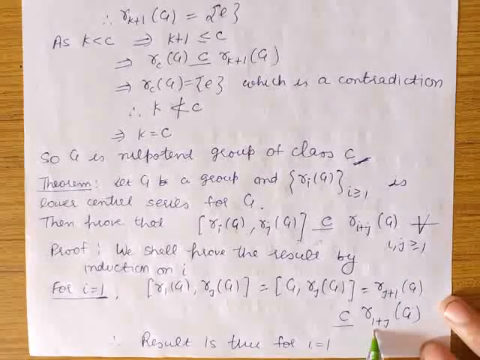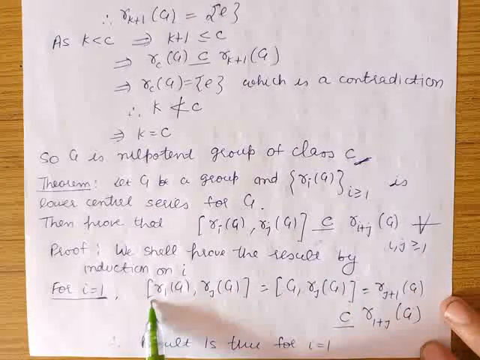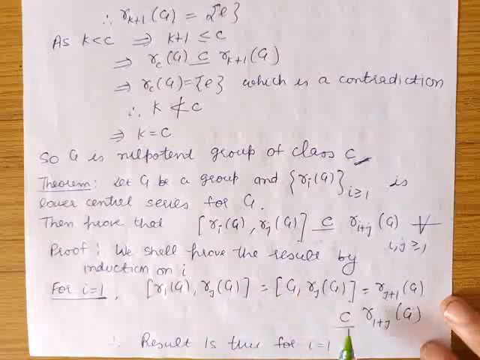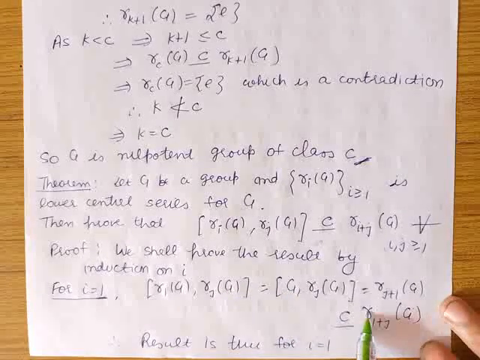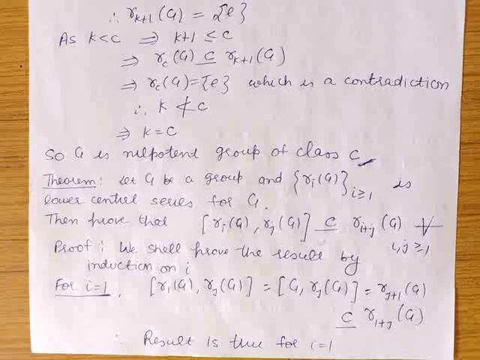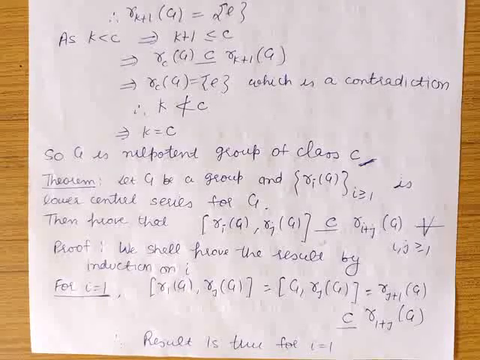So we have proved that the commutator of γ_1(G) with γ_j(G) is contained in γ_{1+j}(G). So this proves the result for i equal to 1. This completes the first step of induction.